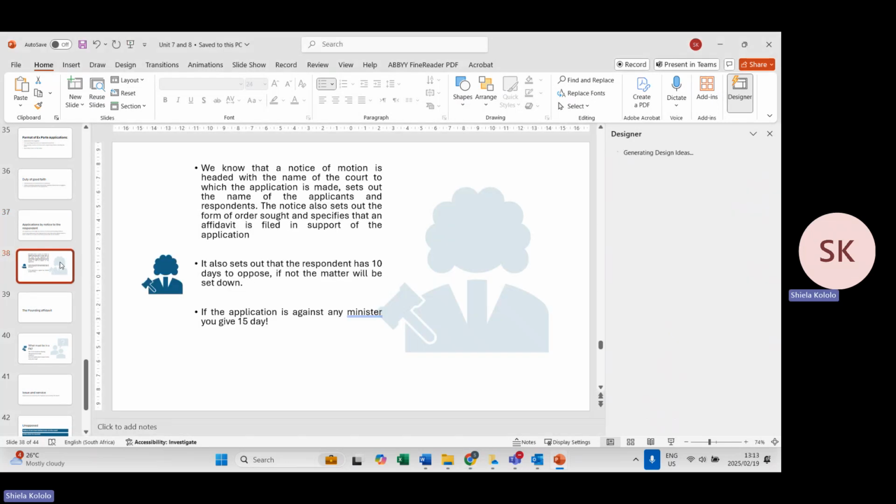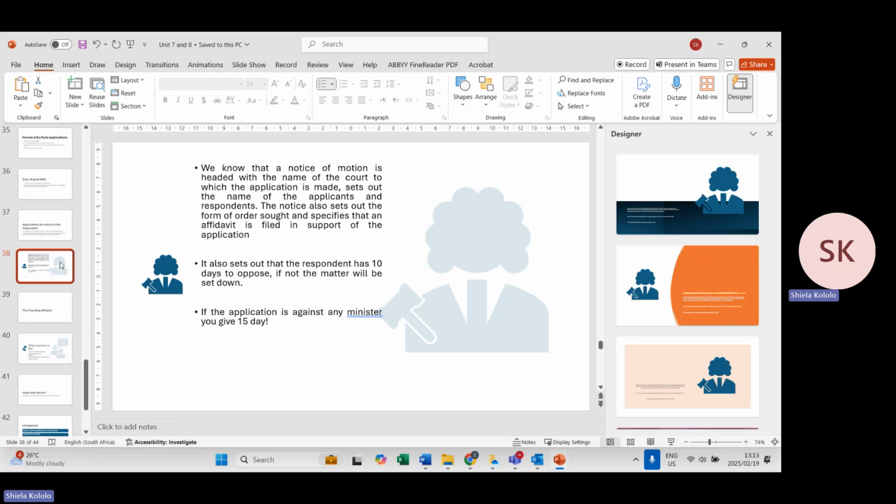And then we know that a notice of motion is headed by the name of the court to which the application is made. It sets out the names of the parties in the proceedings, like applicant and respondent. It also states that a notice is being given for such and such, and that an affidavit is filed in support of the application.